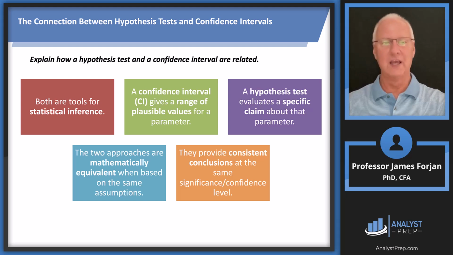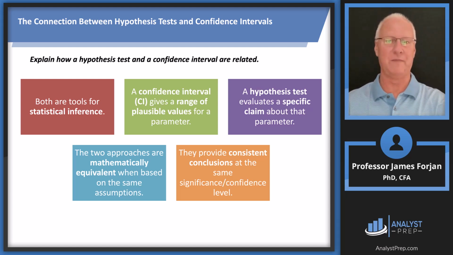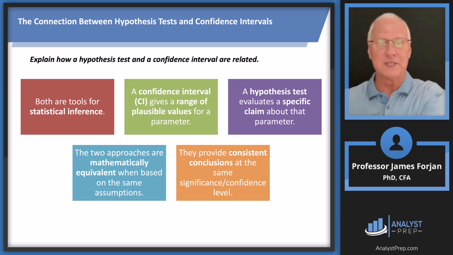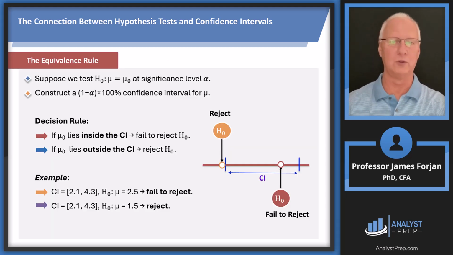Essentially, both the hypothesis test and the confidence interval use the same stuff, but they arrive at the same decision in a different manner. So we have some colored boxes there to explain this. Both are tools of statistical inference: a plausible range for the confidence interval, a specific claim for the hypothesis test. So look down at the bottom left. They're mathematically equivalent. That's what I was saying, and they're going to have the same conclusion.